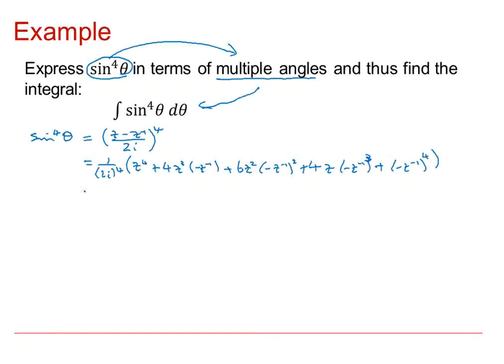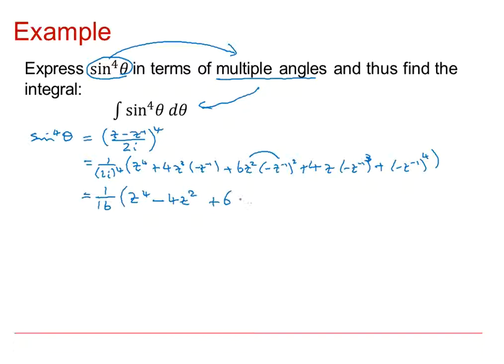So now simplifying this, we've clearly got a 1 over 16 there, z to the 4 there. The next term, notice the minus sign, so this becomes a minus 4 z squared using laws of indices. Then we get a plus, and these terms will cancel out to leave just the 6.